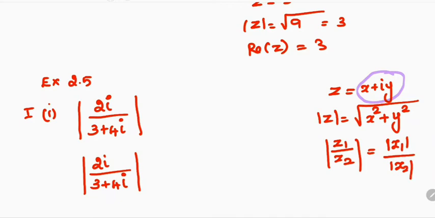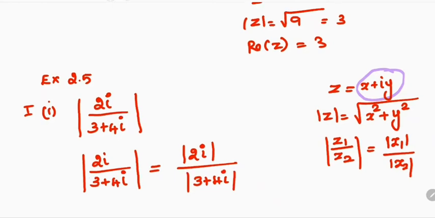We have this property, so you need not go for writing the rectangular form. We can use this property. So it can be written as the modulus of 2i divided by the modulus of 3 plus 4i.